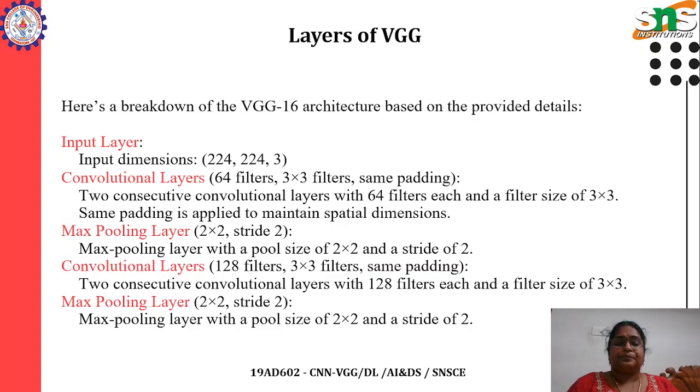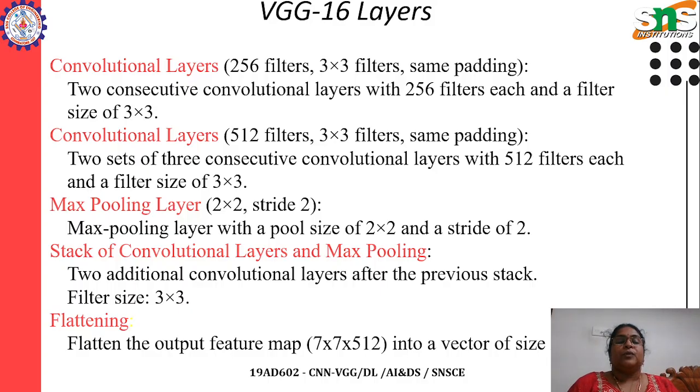Max pooling: as we have already discussed the structure and operation of max pooling in the AlexNet architecture, the max pooling layer has a pool size of 2 x 2 with a stride of 2. Then the next will be two consecutive layers with 256 filters.